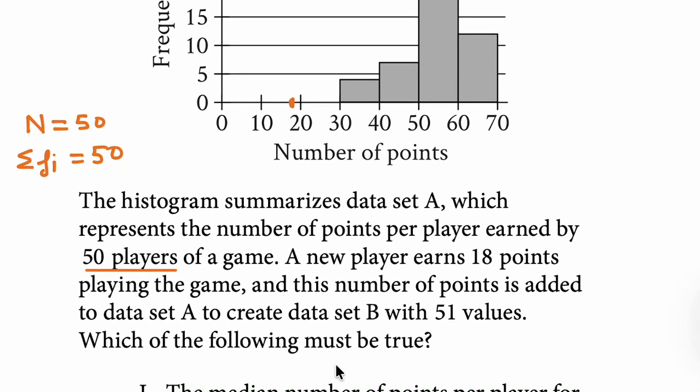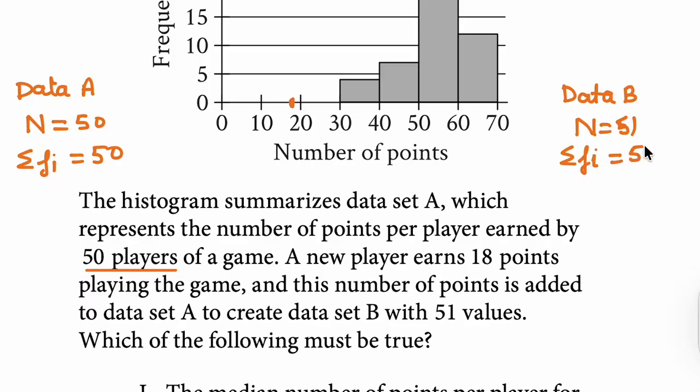Now dataset B will have 51 values. This one is dataset B, where the number is 51. That means the sum of all the frequencies here is 51.